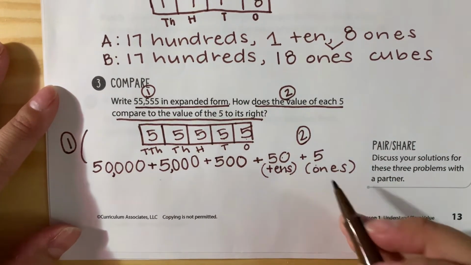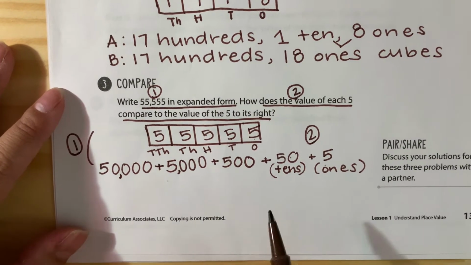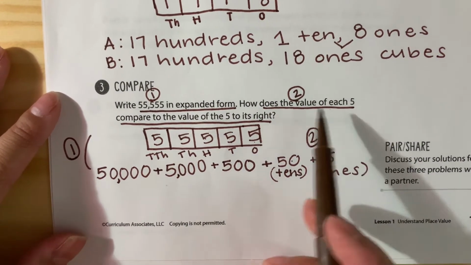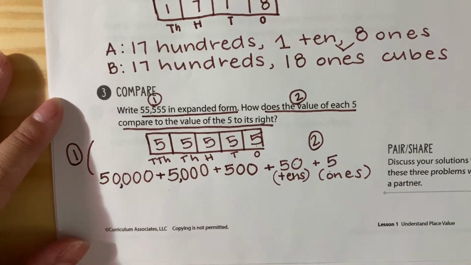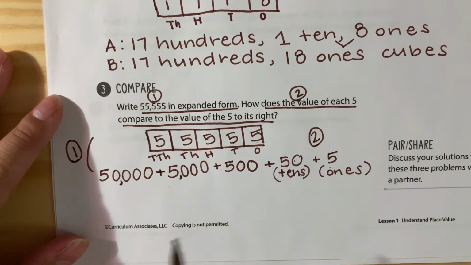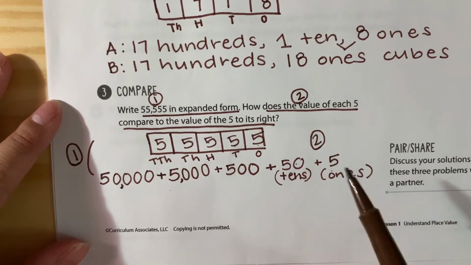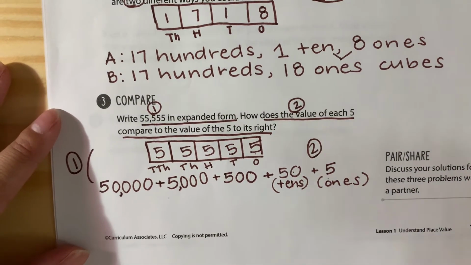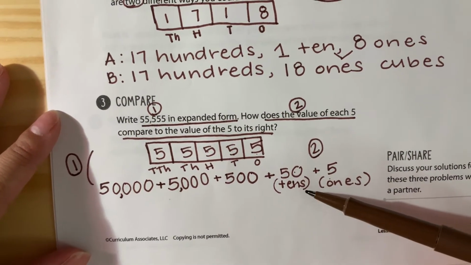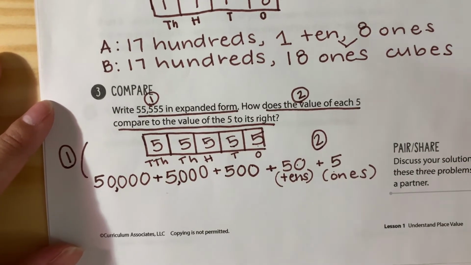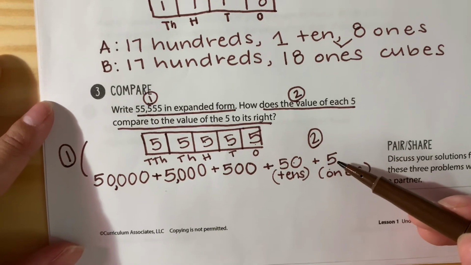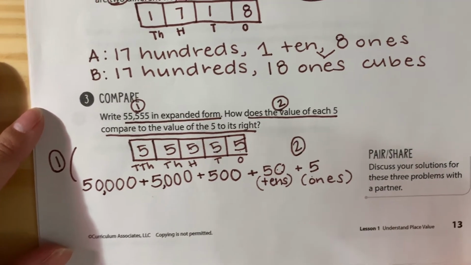So if we're looking at the 50 and the 5, we need to figure out how the value compares from the 5 in the tens to the 5 in the ones. So if we look at the 5 in the ones, we know we only have 5 ones cubes. And then if we look at the value in the tens, we have 50, or we have 5 tens rods. So if we need to get from 5 to 50, we can multiply.